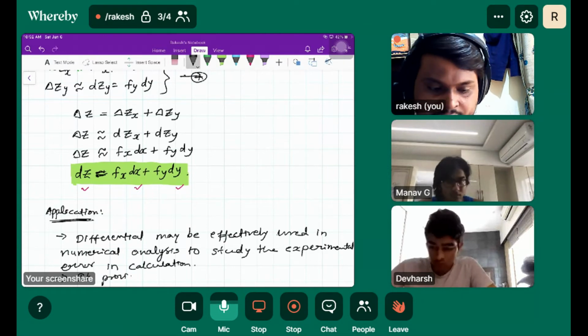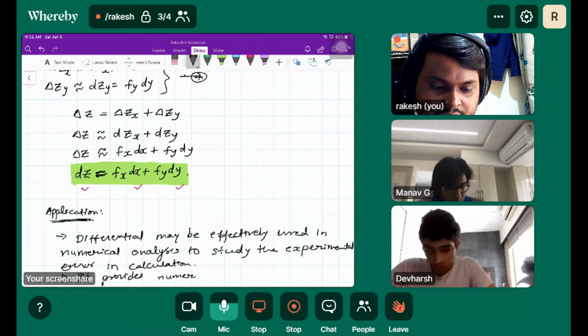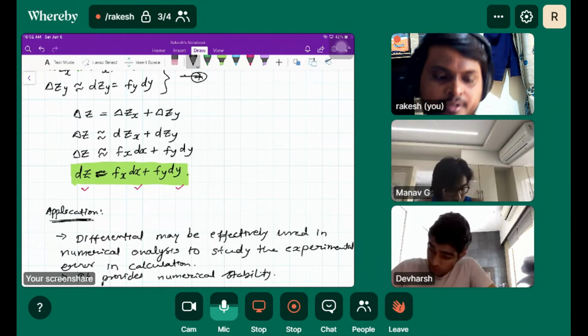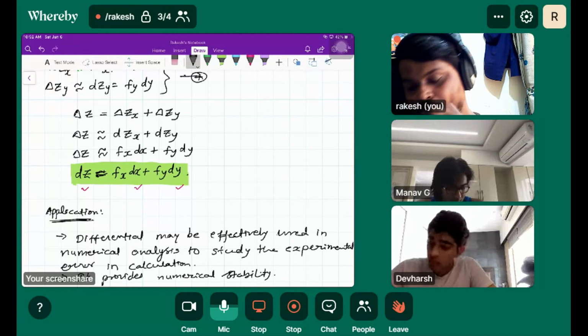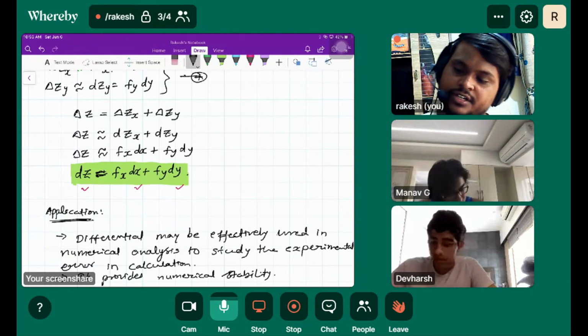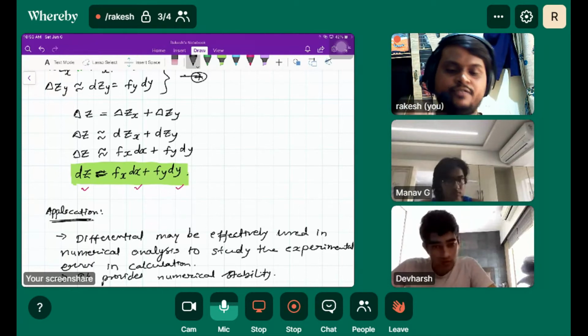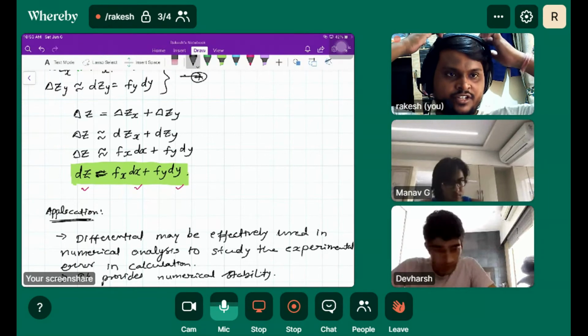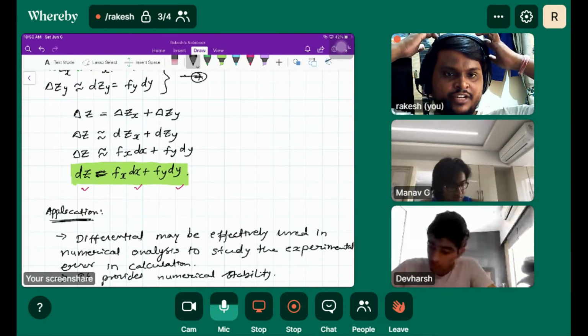It provides numerical stability. Okay, so this is the application of it. I hope you understood what the application of differential is, why we are doing that.